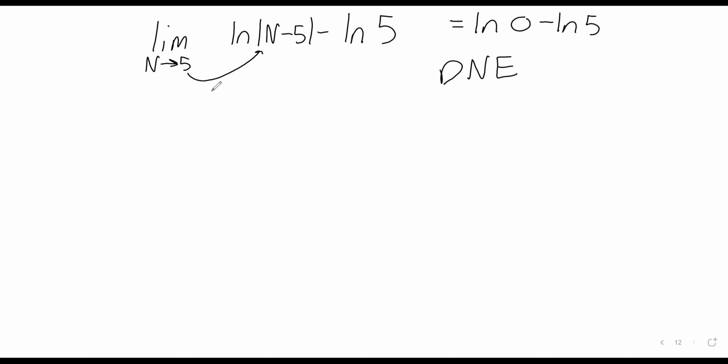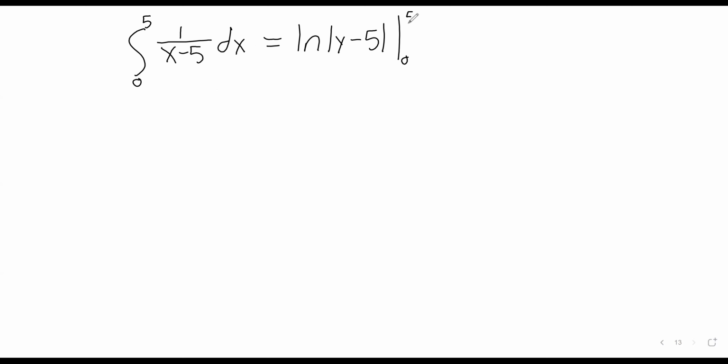There's definitely a temptation to just say, okay, the integral from 0 to 5 of 1 over x minus 5 is this natural log evaluated from 0 to 5, is the natural log of 0 minus the natural log of 5.